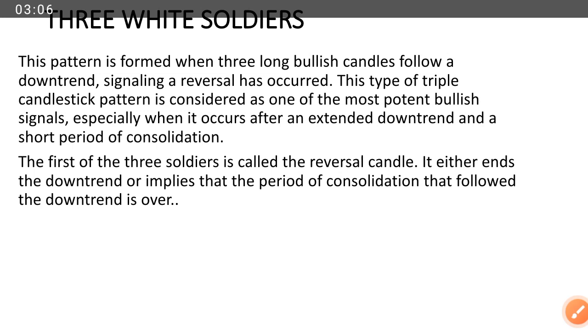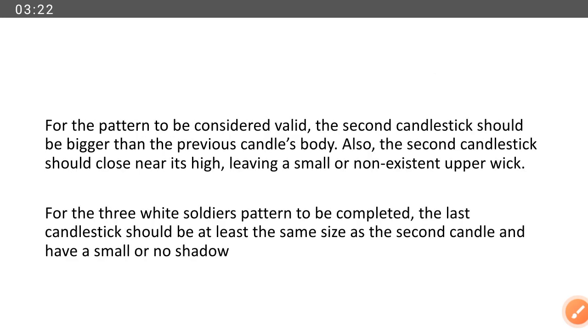The first of the 3 soldiers is called the reversal candle. It either ends the downtrend or implies that the period of consolidation that followed the downtrend is over. For the pattern to be considered valid, the second candlestick should be bigger than the previous candle's body.